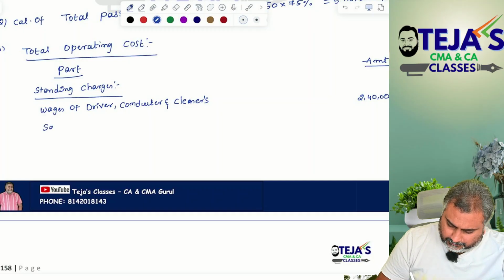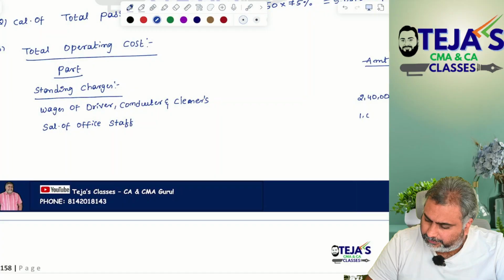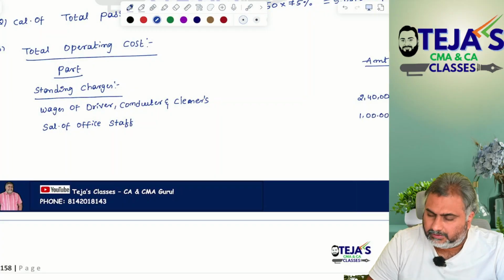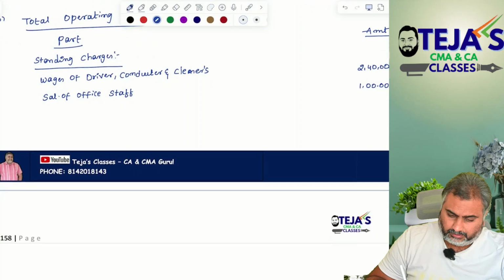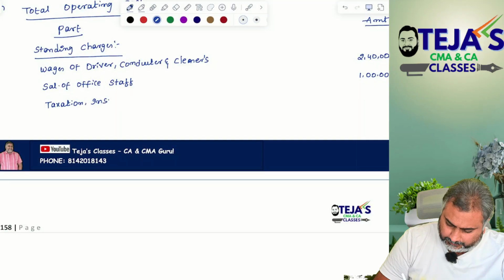Next, salaries of office staff. How much? 1 lakh is provided in the question. Next, taxation and insurance.